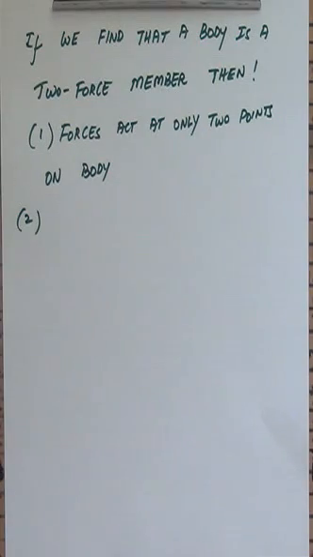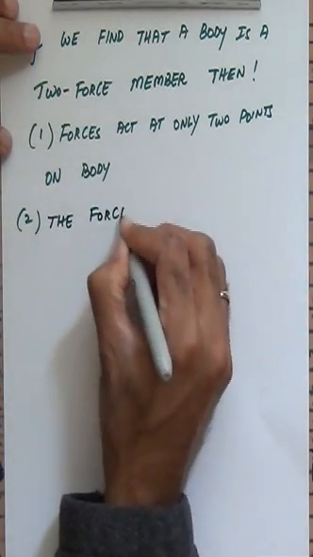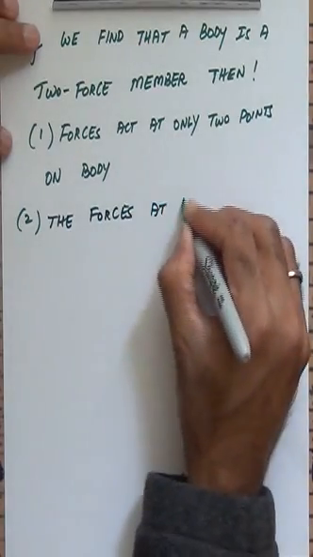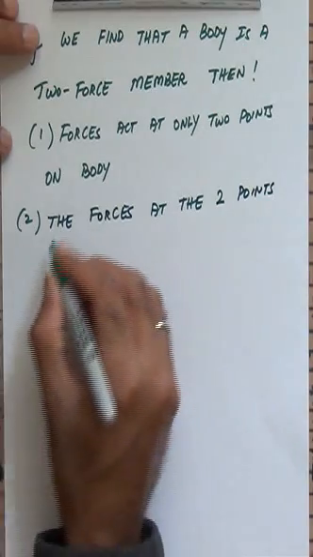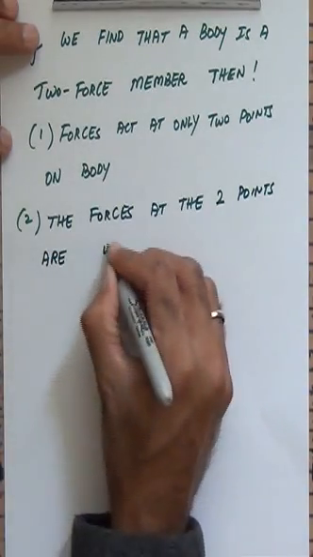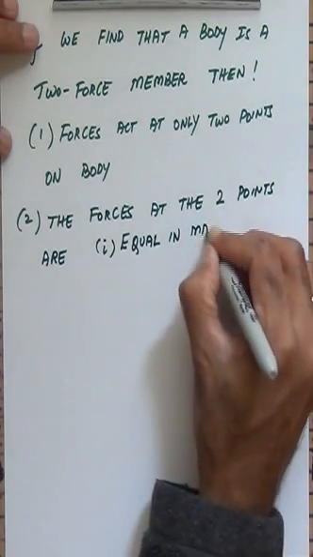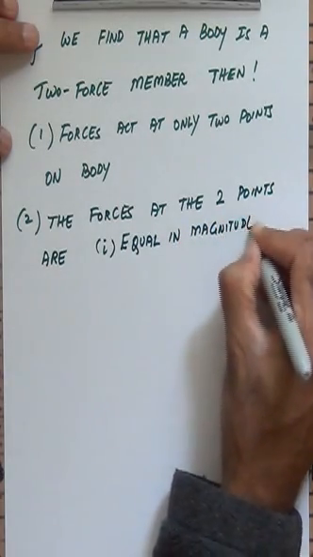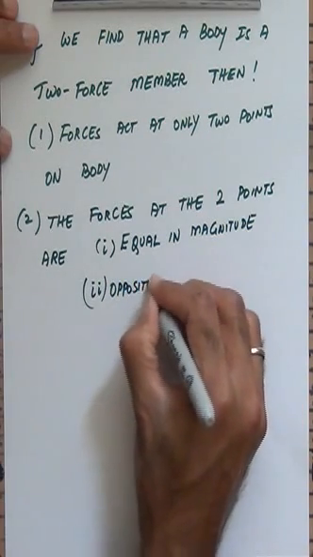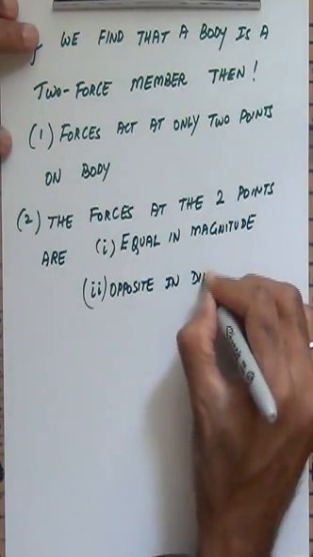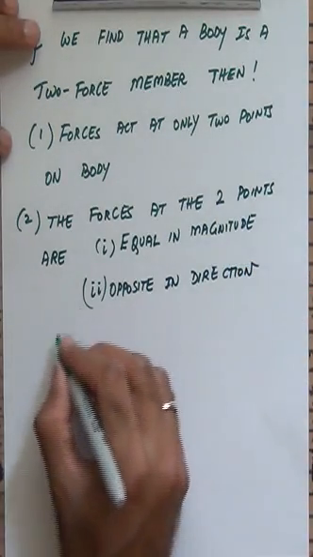So which means that the forces at the 2 points are equal in magnitude, they are opposite in direction, and they share the same line of action.